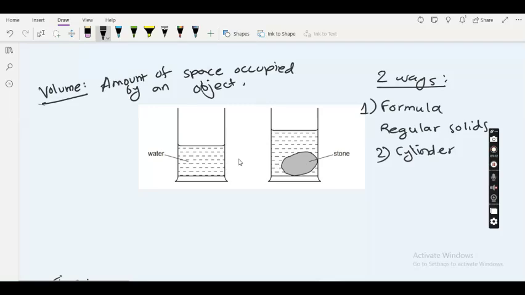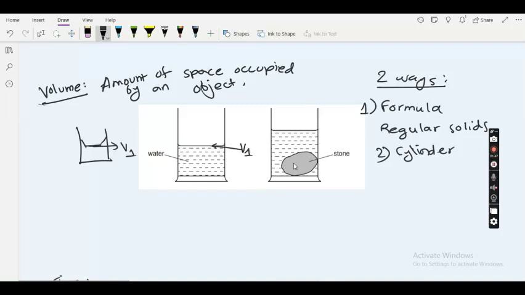For a liquid, when you put a liquid inside a measuring cylinder, take the reading of the meniscus, that is this line over here. That is the volume of the liquid. And if you want to find the volume of an irregular solid, first you will take the reading of a liquid inside the measuring cylinder, and you will label that V1.